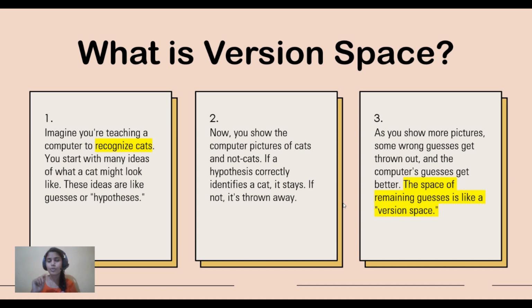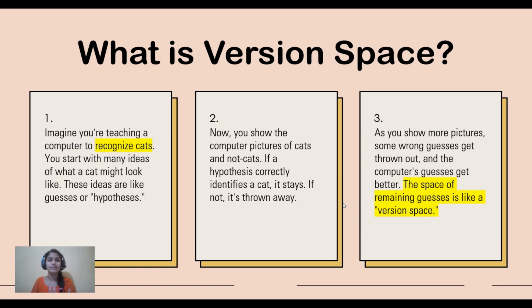First, consider you are teaching a small child to recognize what a cat might look like. The child has never seen a cat and doesn't know how it looks. So now you are giving some guesses: the cat has a tail, it has some three or four mustaches, hair, and eyes, and a few cats are cute also. And it has hair like dogs have on their body.